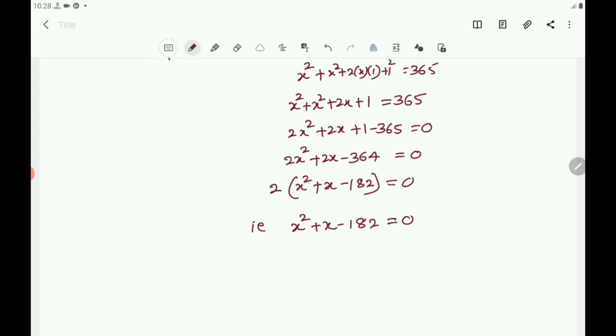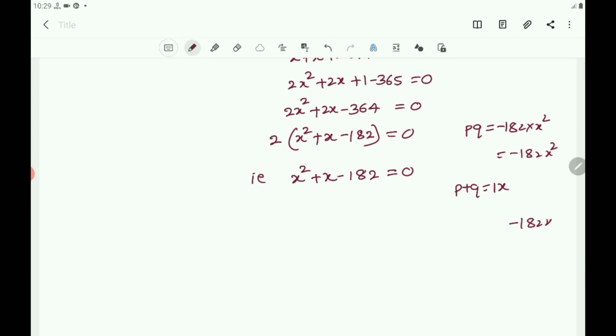Now the product of the terms, PQ, equals minus 182 into x square, that equals minus 182 x square. Then P plus Q is the middle term, that equals 1x.